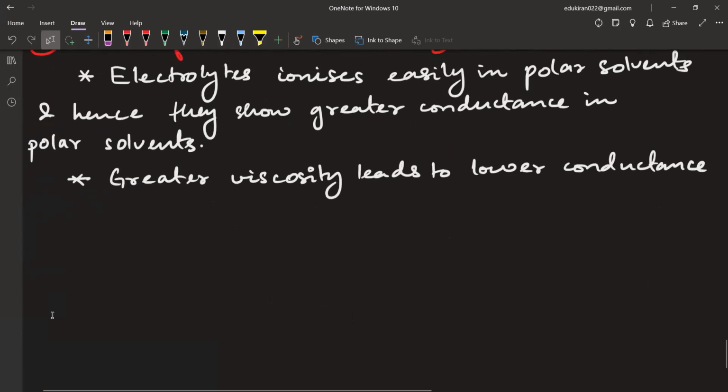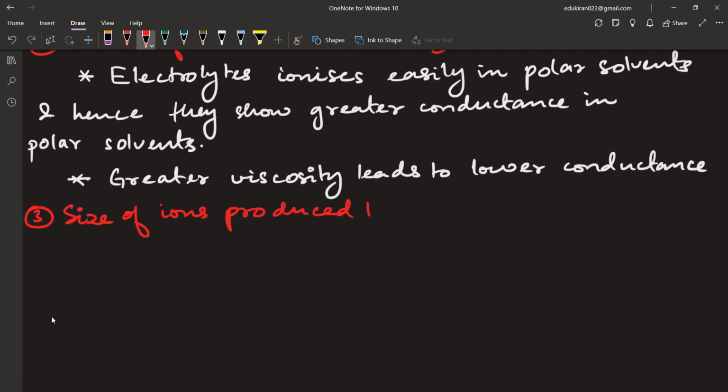Okay, the third point: size of ions produced and solvation.